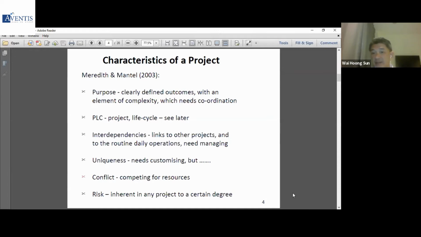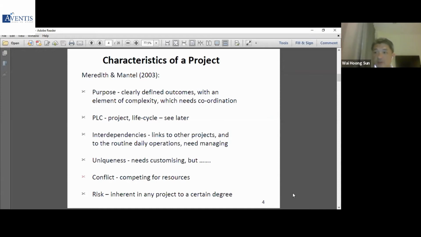Now, projects can also be interdependent, right? How are they interdependent? They are linked to other projects. So, for example, you need a certain component from another project, and if the project is delayed, then a component is delayed, and that would affect your project. Right? And of course, it's also dependent on human resource that may be assigned to other projects as well.